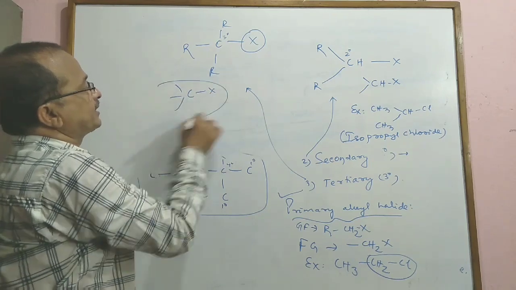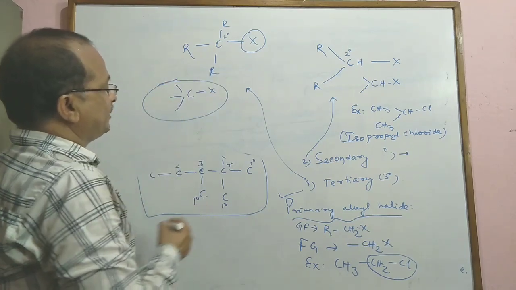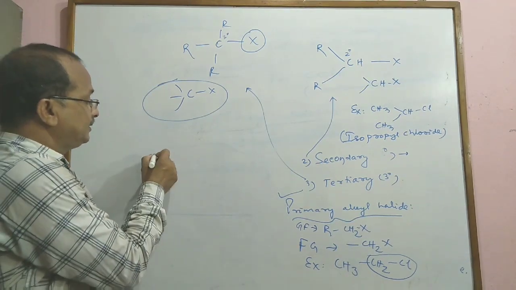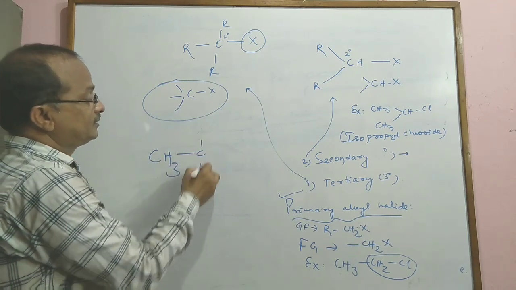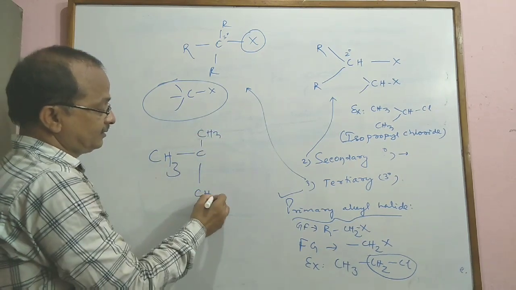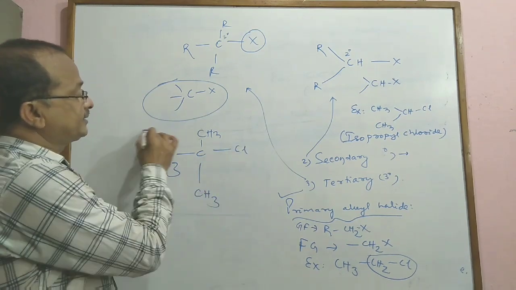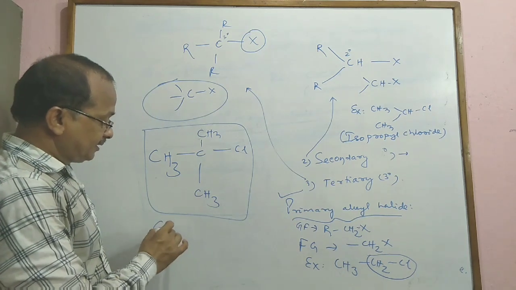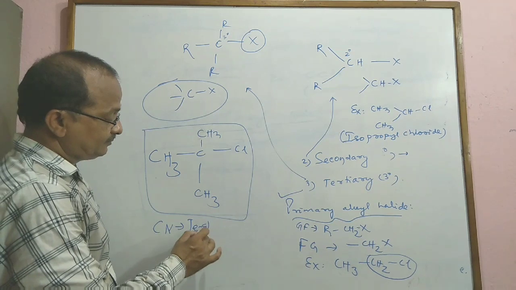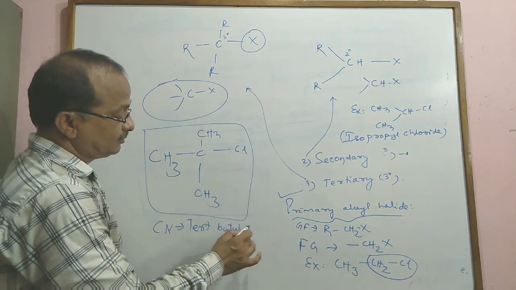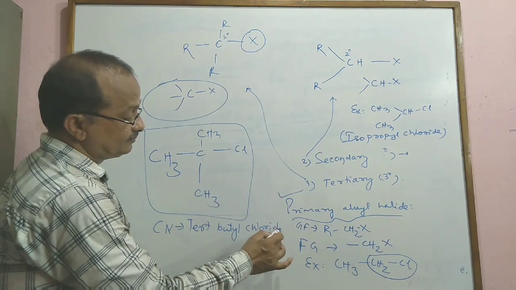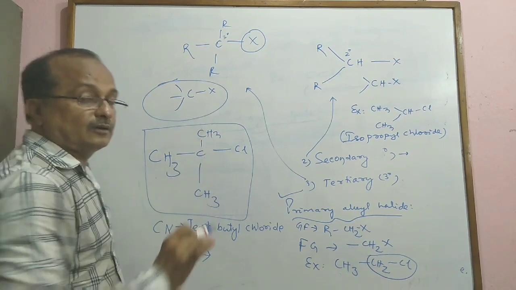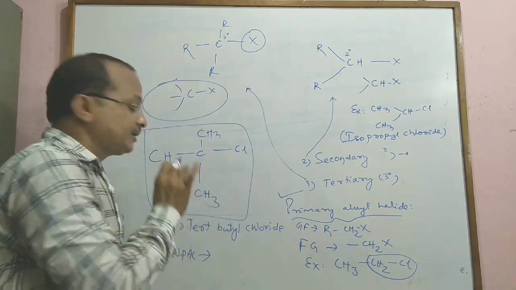This is the characteristic group, and the example is, say, CH3, C, CH3, CH3 and Cl. This is the example of tertiary alkyl halide, and its common name is tert-butyl chloride, and its IUPAC name is, you see, first you select the longest chain and the numbering.